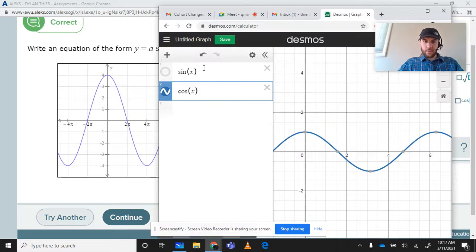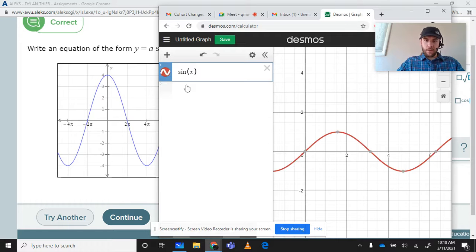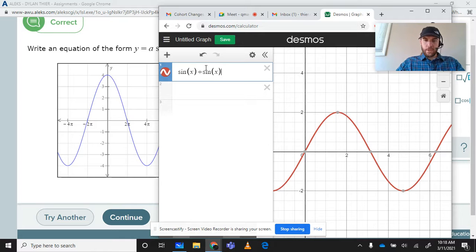Now, one of the cool things that you guys are not going to see this year, because we're wrapping this topic up, but you would see in more advanced classes that include trigonometry, is what happens when you add together waves. So if I have the sine of x plus the sine of x, in this case, every position is just doubled.